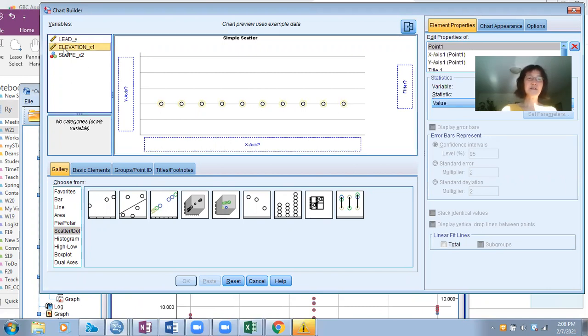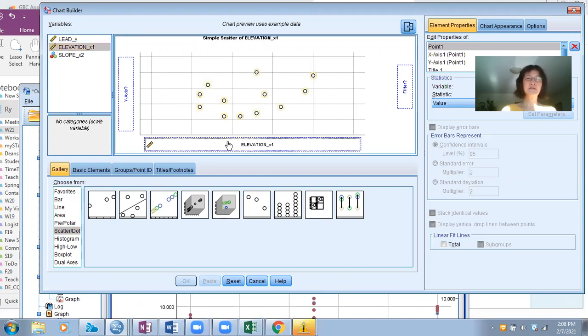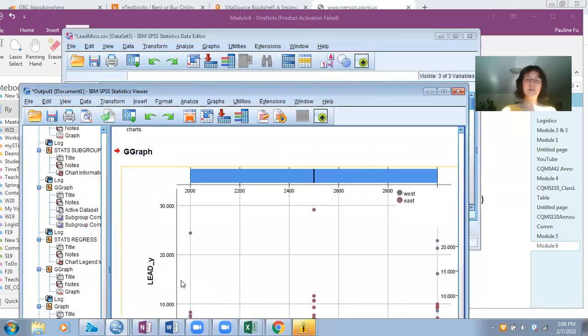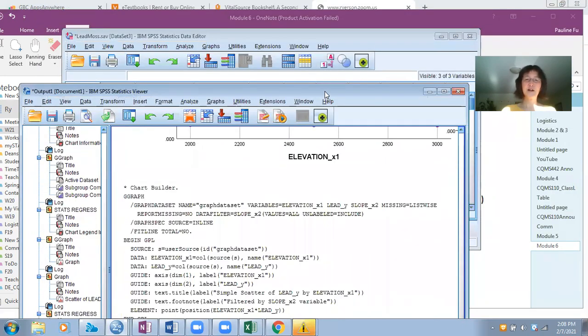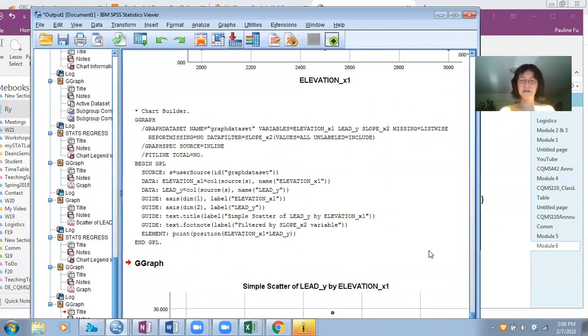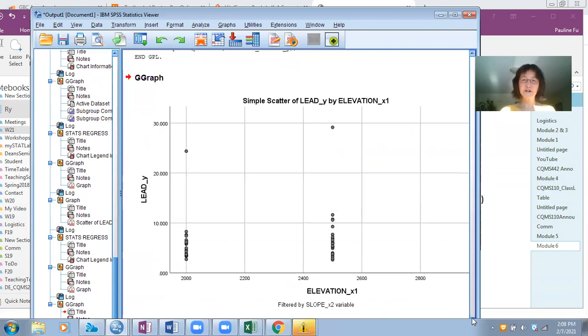X-axis is my elevation, X1. Let Y be my Y. And filter, so I click the slope as filter. Okay, and then you click the OK button. You can also get the graph. Okay, it is a scatter plot, this graph. Okay.